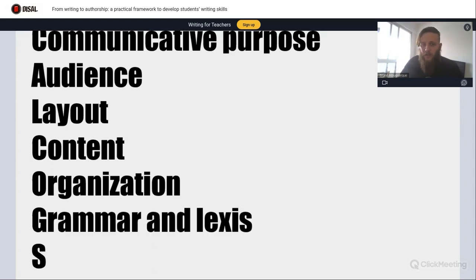Then grammar and lexis. So, what kind of grammar and what kind of vocabulary is used in this text, in this genre? So, you get grammar, for example, you have very short imperative sentences. Hi, Karin. You have very short imperative sentences, right? So, cut this, add this, mix this, right? So, imperative, very short, very simple sentences. And lexis, you have action verbs for doing the food.